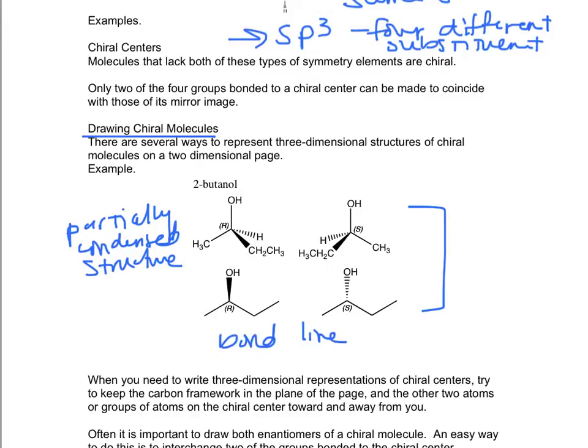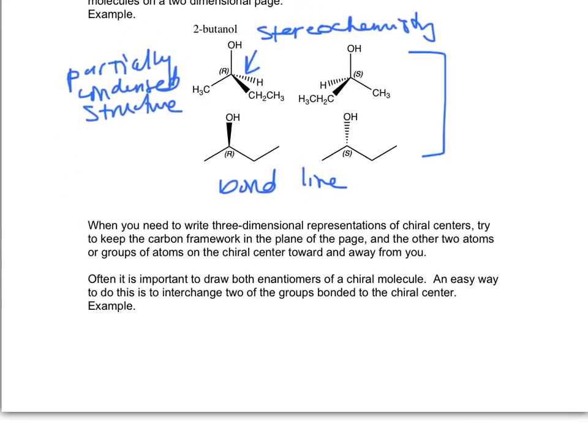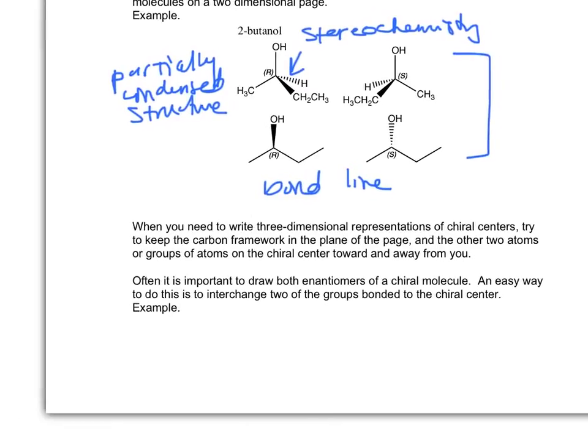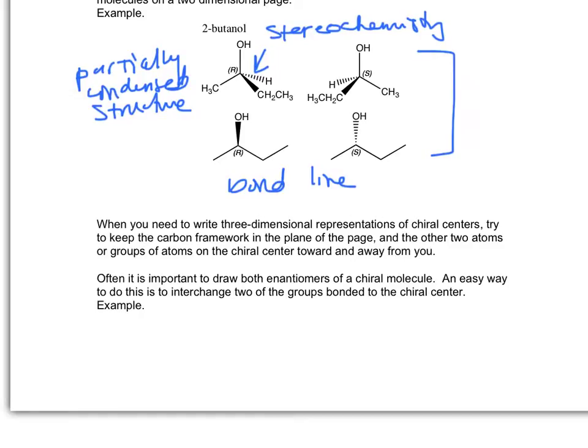In both instances, you are using the wedges and the dashes to indicate stereochemistry. When you are drawing chiral centers, try and keep the carbon framework in the plane of the page, and then put the other atoms or groups of the chiral center toward and away from you. This will help in trying to determine the configuration around the chiral center.